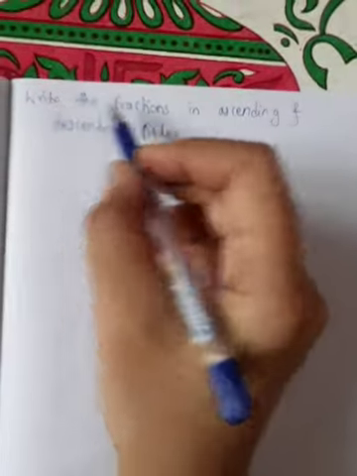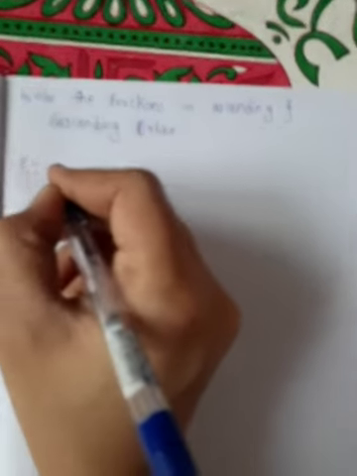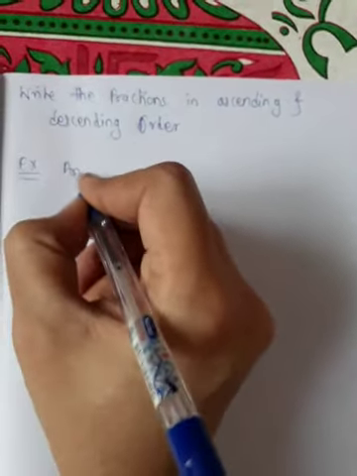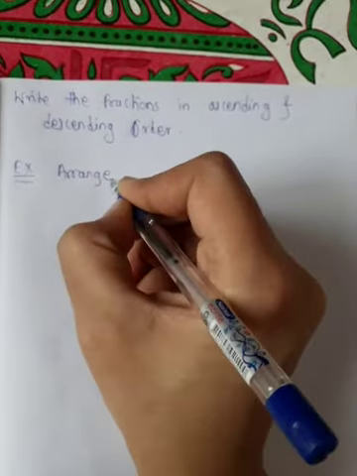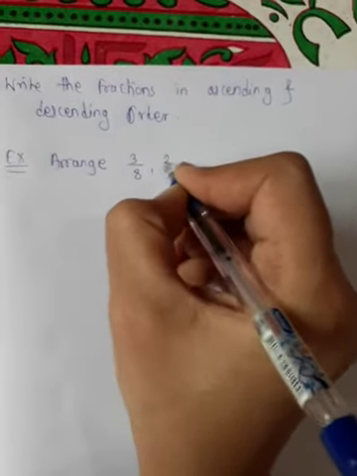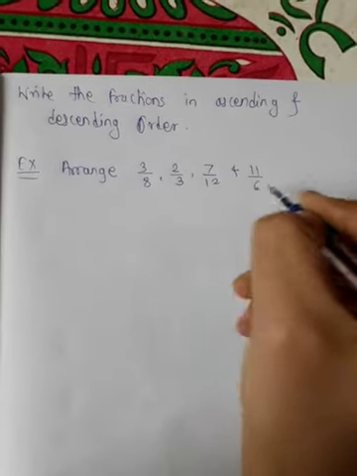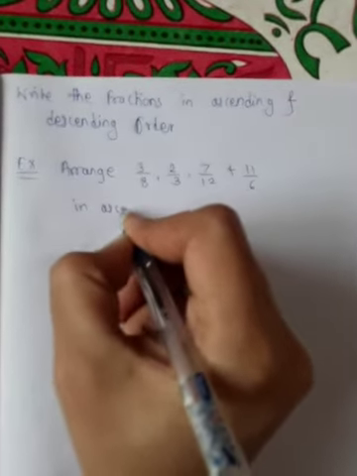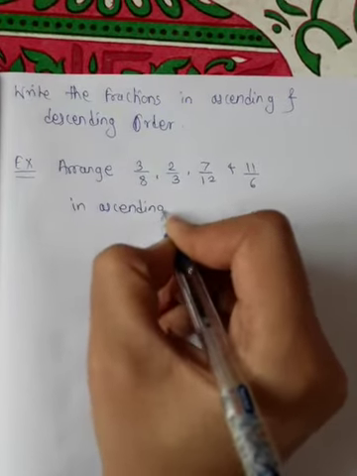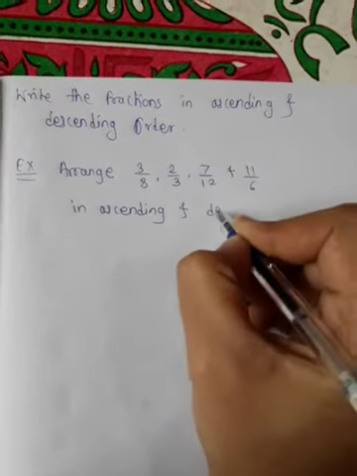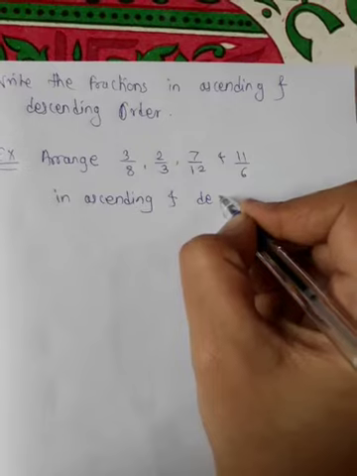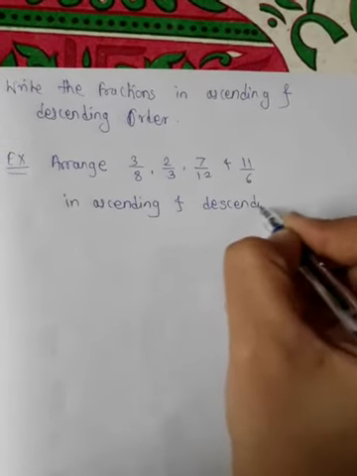Now, how to write the fractions in ascending and descending order? Let us take an example. Arrange the fractions 3 by 8, 2 by 3, 7 by 12 and 11 by 6 in ascending and descending order.